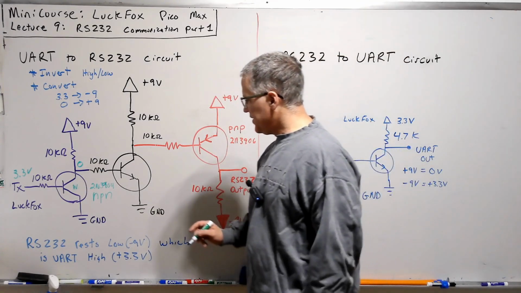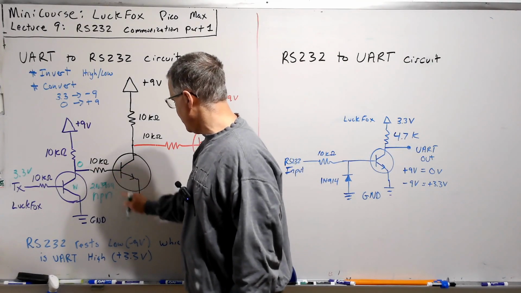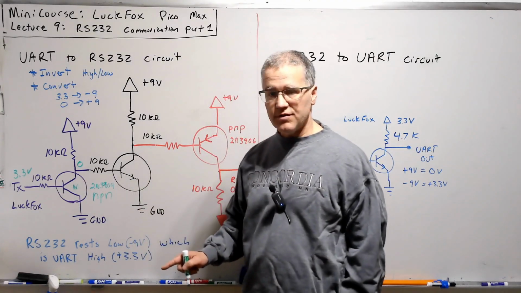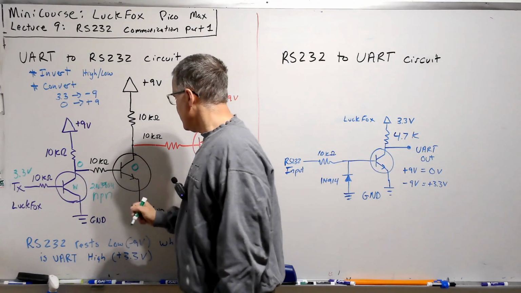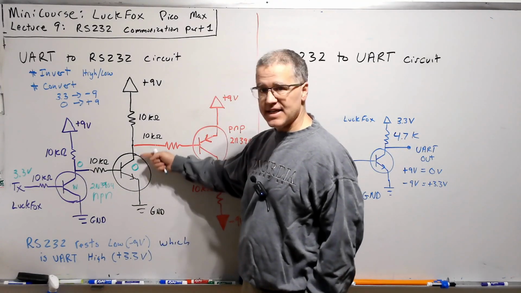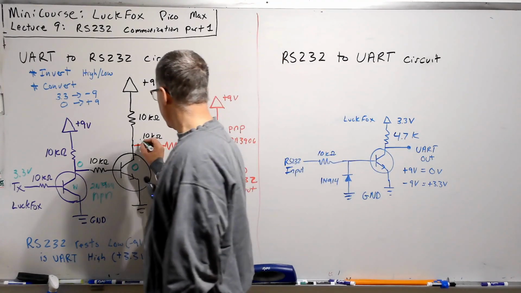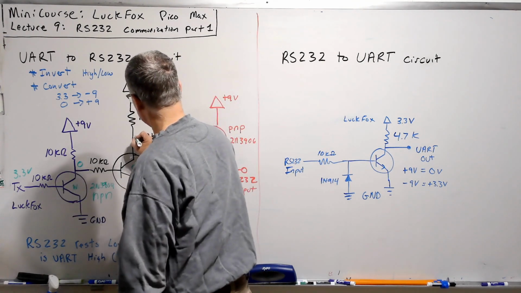Now, if this is 0 volts, then there will be 0 volts coming into the base here, 0 volts here. So there will be no current flowing, and so this will be like an open. If this is like an open, this is acting as a really big resistor here, so this voltage up here will be 9 volts.